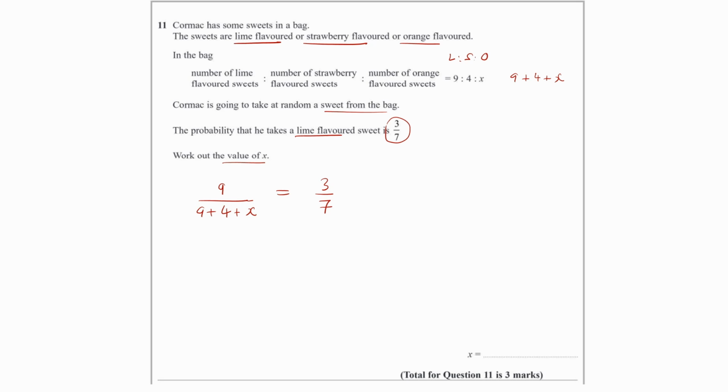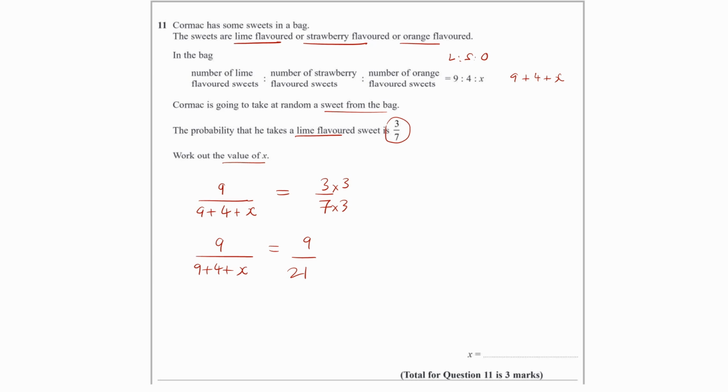So we're going to multiply both numerator and denominator by 3. That gives me 9 out of 9 plus 4 plus X equals 9/21. So the numerators are now the same, so the denominators should be the same as well to give an equivalent fraction.